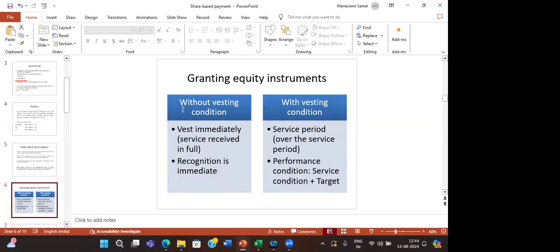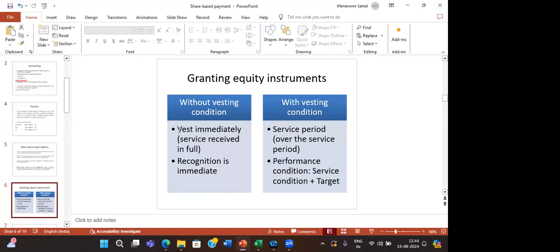What we'll do right now, we'll just take a small example. If you are giving some equity instrument, let us say you're giving shares straight away because of the past service of an employee. So it is vesting immediately and the recognition has to be immediate.